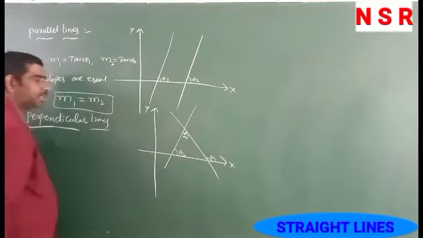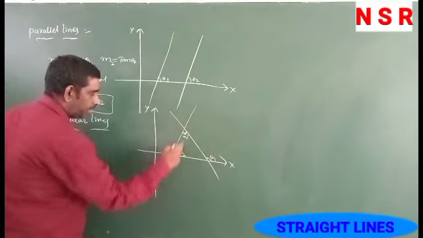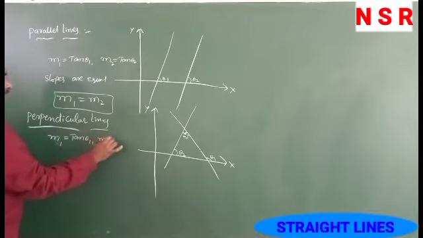This line makes angle theta 1 and this is angle theta 2. So here apply one condition. Consider first m1 equal to tan theta 1 and m2 equal to tan theta 2.